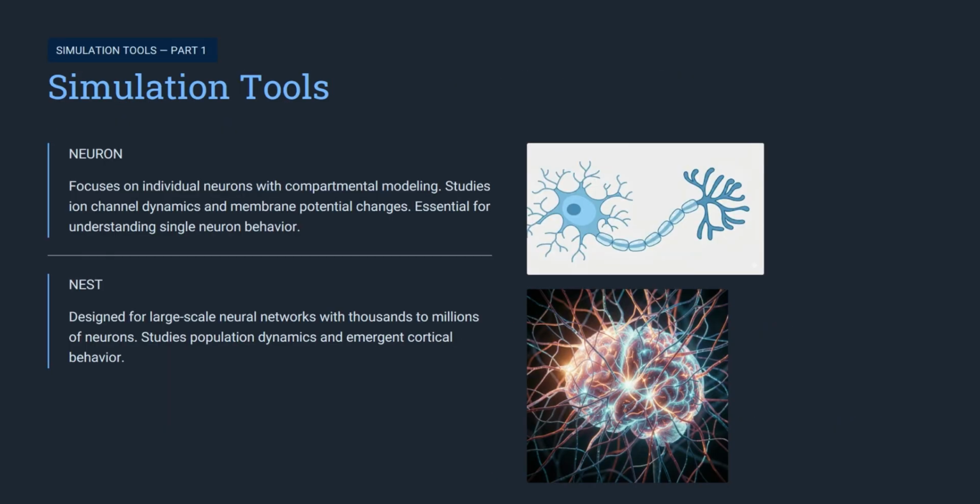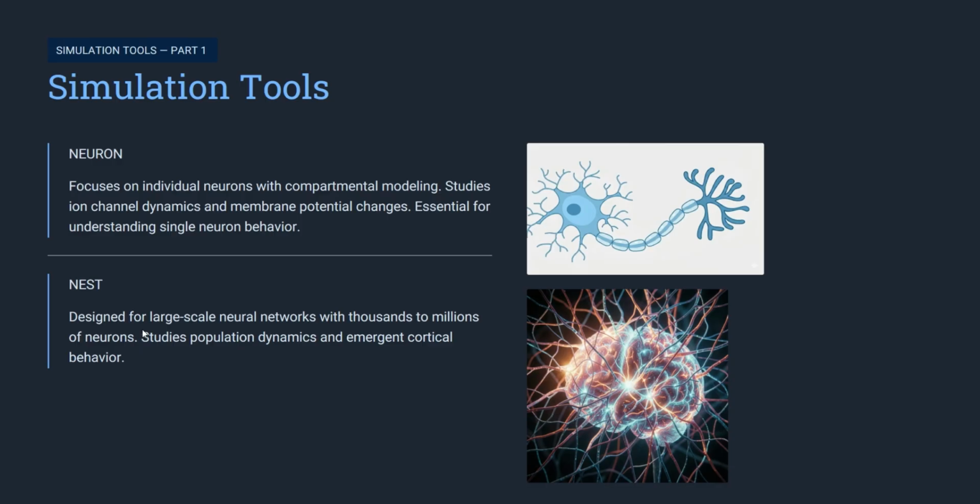Now let's talk about the simulation tools. How do we actually do this? We have two tools. If you want to zoom in and see how one single cell works, you use NEURON. It is like a microscope. But if you want the big picture, to see many cells talking together, you switch to NEST.